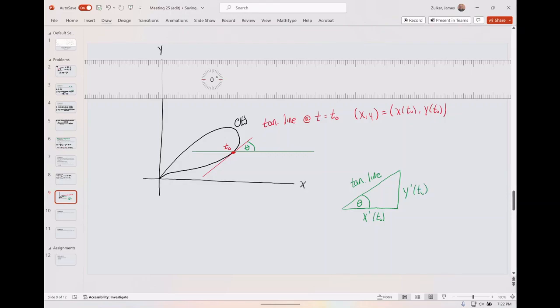That'd be y prime of t naught. Don't care what the length of that tangent line is. That length is going to scale.